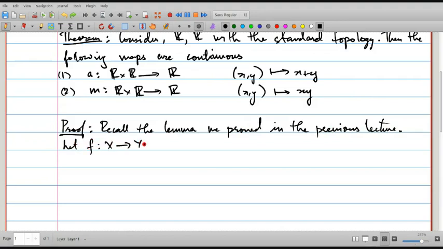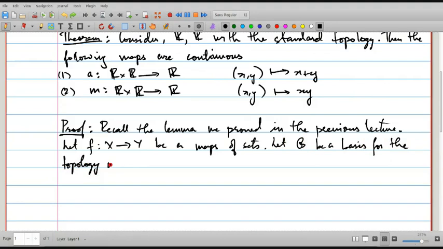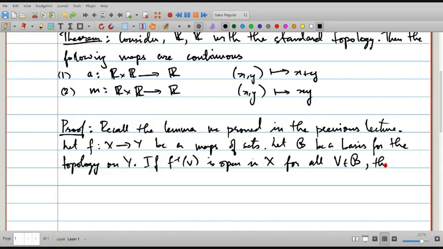Let f from X to Y be a map of sets, where X and Y are topological spaces, and let B be a basis for the topology on Y. If f inverse of V is open in X for all V in this basis, then f is continuous. We will use this lemma to prove the theorem.